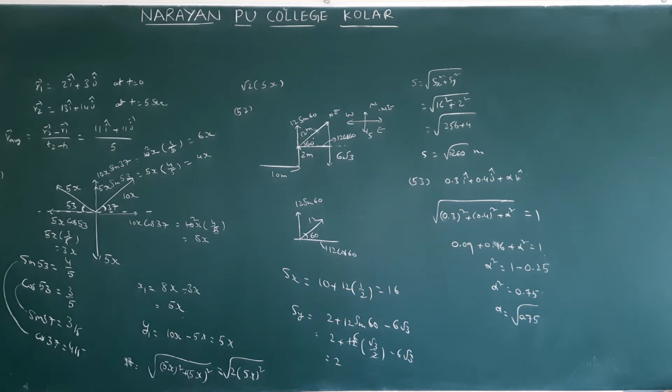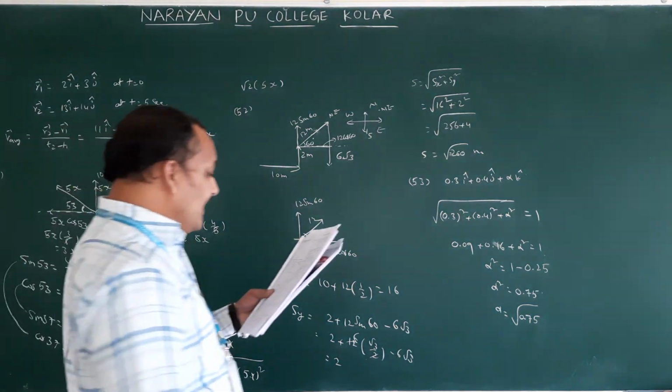Given A bar is 2i cap plus 3j cap plus 4k cap, B bar is i cap minus 2j cap plus alpha k cap. If the vectors A bar and B bar are perpendicular to each other, then the value of alpha is?